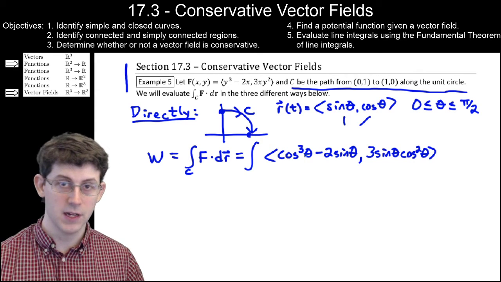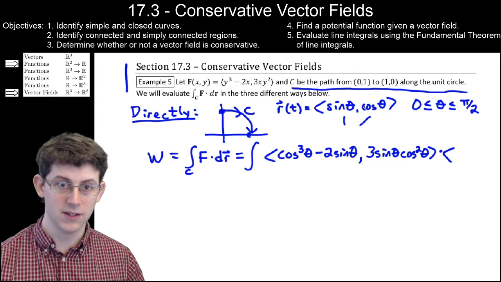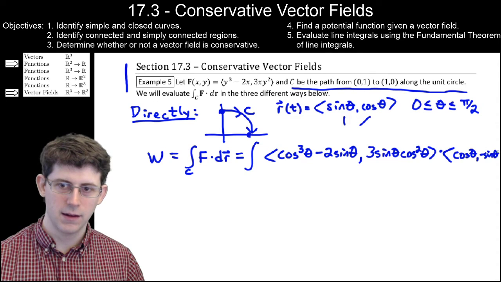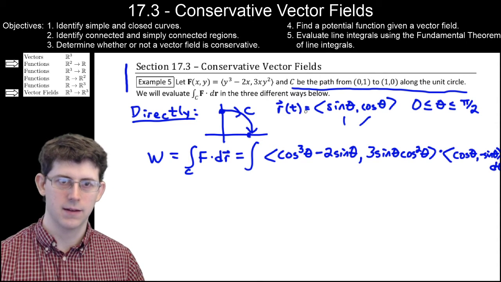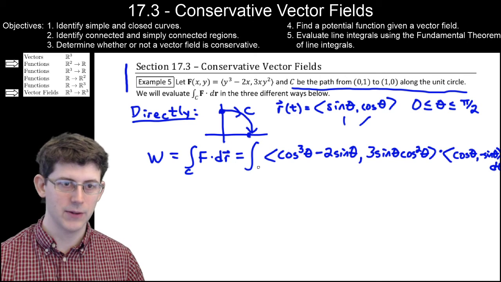So here's F, and then I'm going to dot it with dr. dr is the derivative of this, dt. My bounds, I'm now a t integral, so I want t bounds.